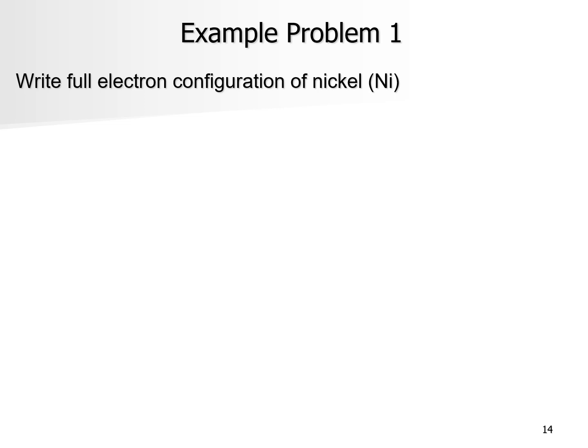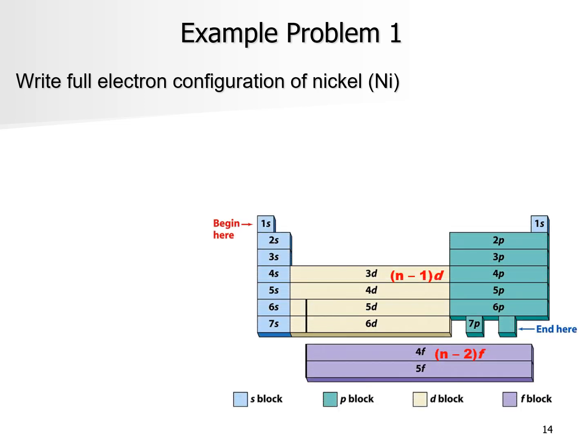Let's practice that with this example of nickel. We are trying to write a full electron configuration of nickel. I'll call for this diagram. So 4 blocks of the elements.